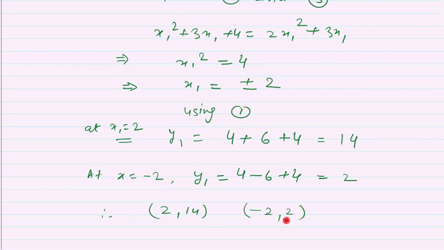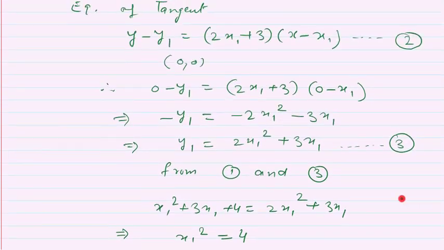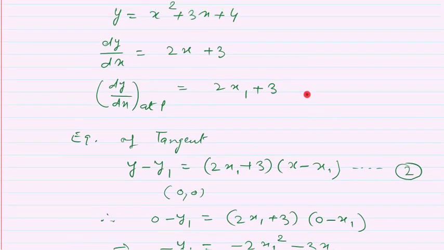So, here only the coordinates of the point are asked. If equation is also asked, then these are the passing point and slope you can calculate by using the relation dy upon dx at P. So, you put the value of x1 over here.